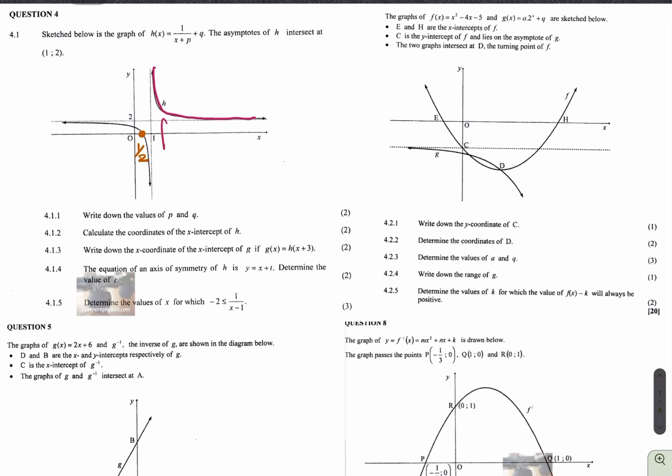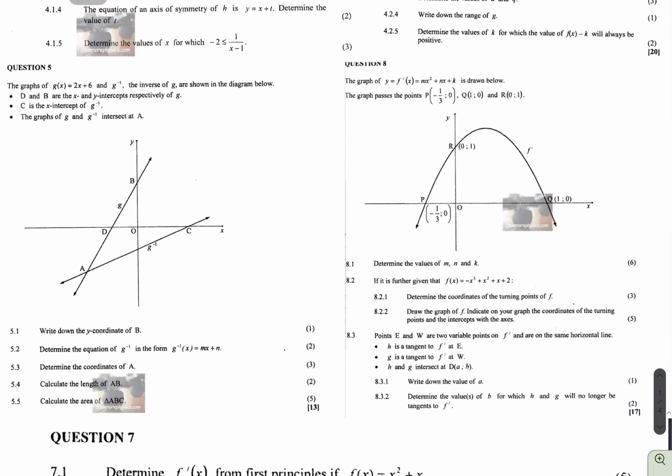But we can't include 1 for this one because 1 is the asymptote. We cannot touch the asymptote. Remember that. So x must be bigger than 1, or less than or equal to half, because at half it is 0. You can touch the half because half is not the asymptote, it is the x-intercept, defined on the graph. But at 1, this graph is not defined.